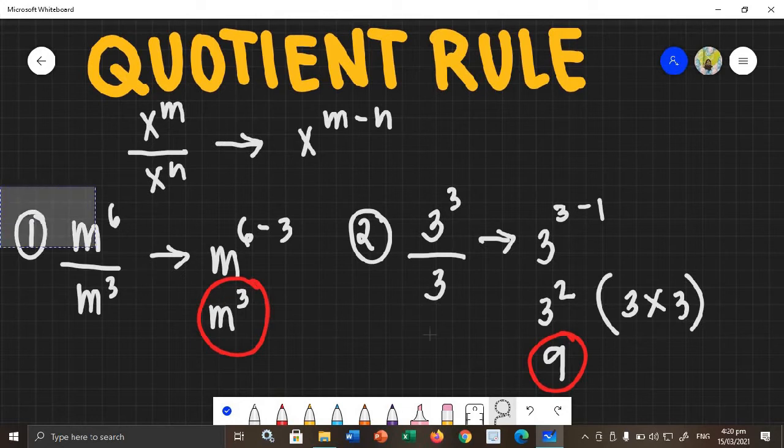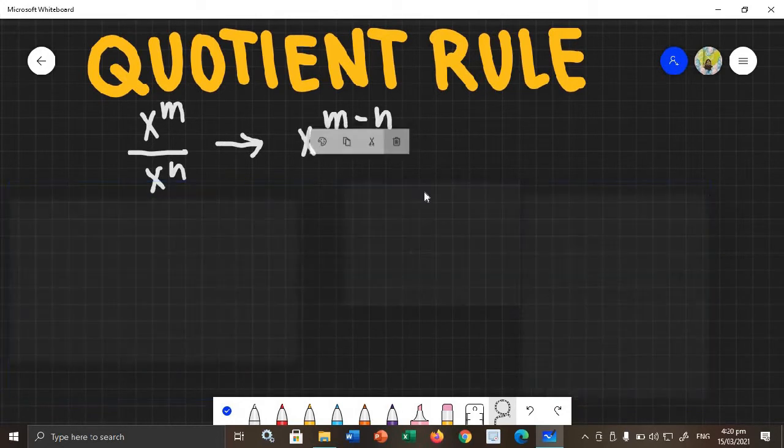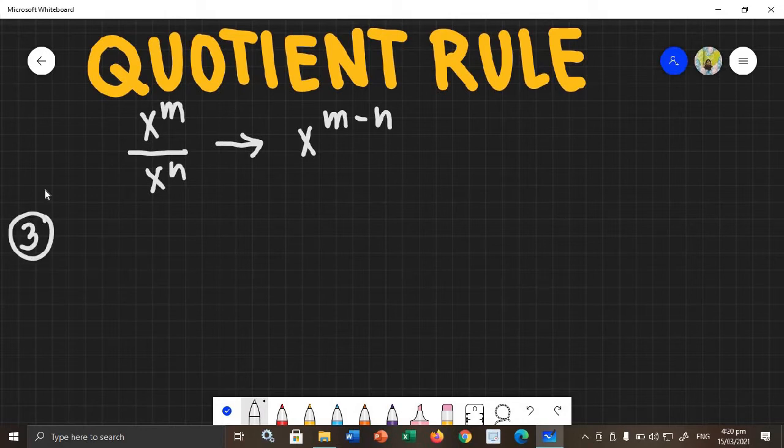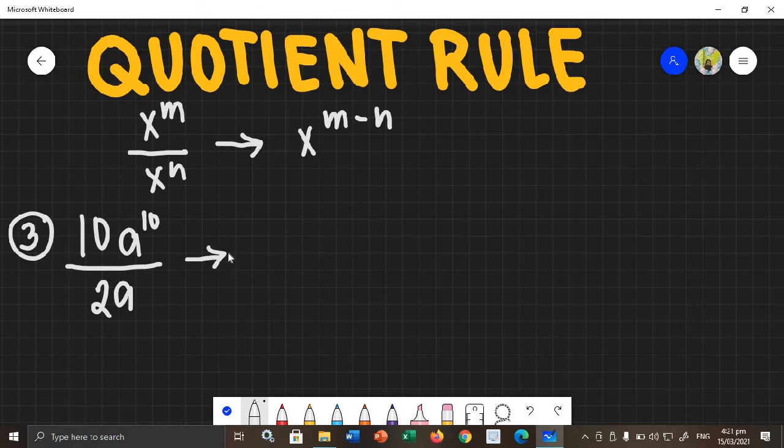How about if the given has a coefficient? Let's say in this example we have 10a raised to the 10th power all over 2a. As you can see, we now have a coefficient. The coefficient, we divide. So 10 divided by 2.